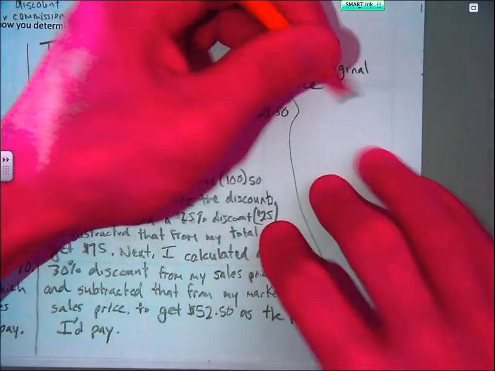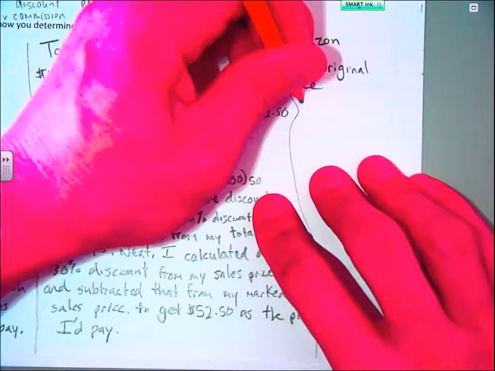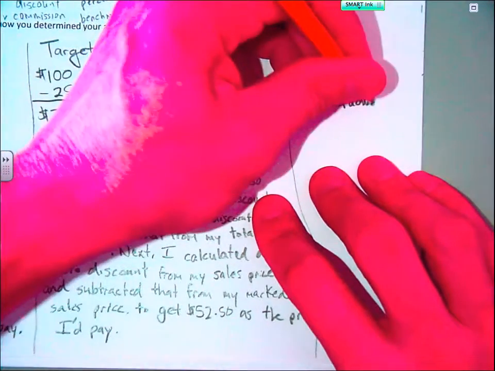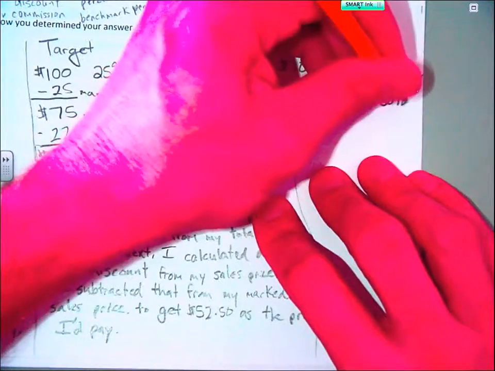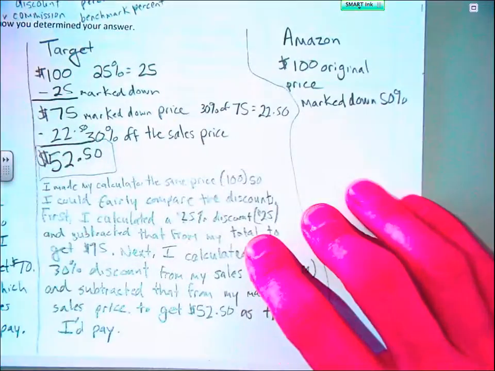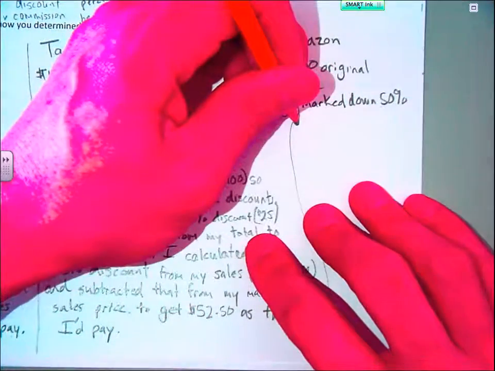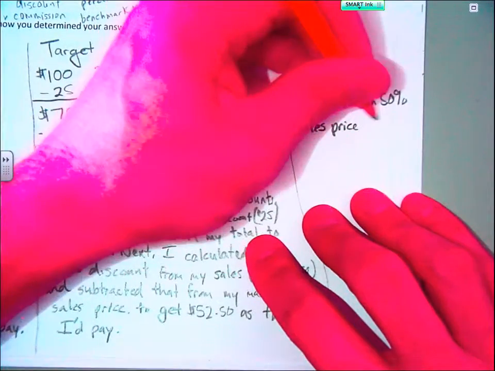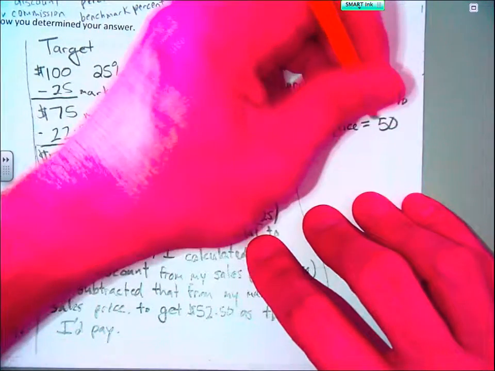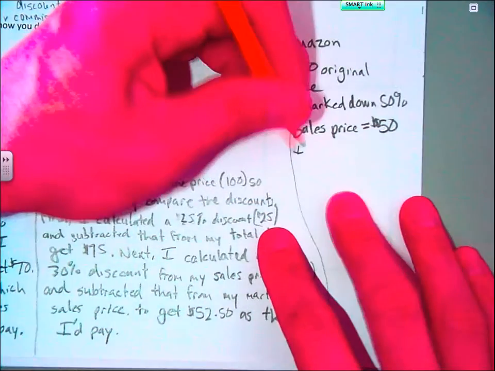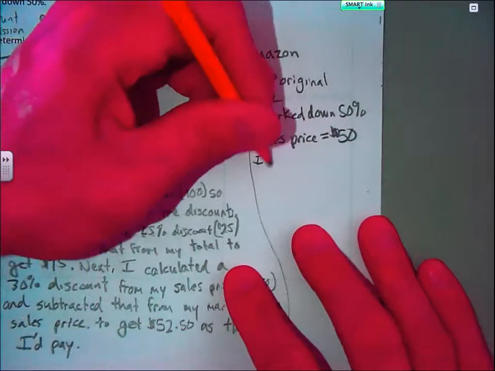Then it is marked down 50%. And so I would pay, or sales price, is $50. All right? So, do that in words.